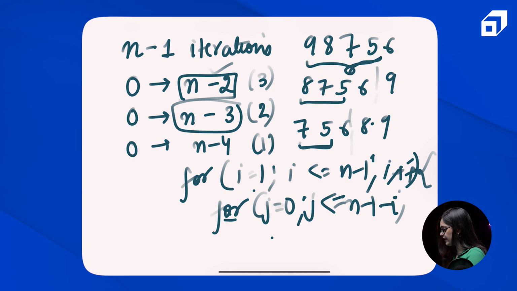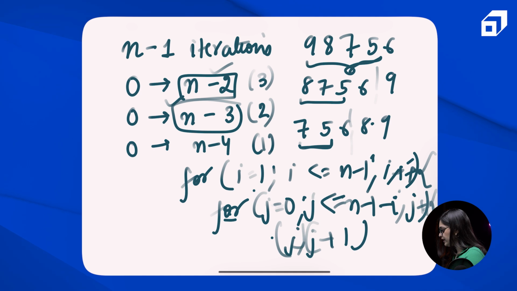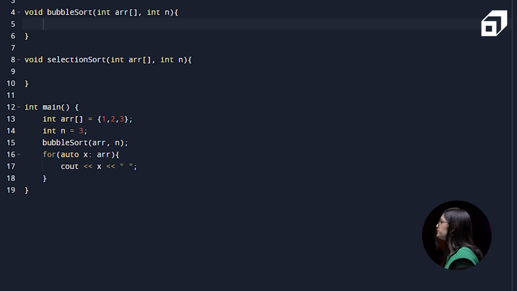For the second one, when i equals 2, j will go till n minus 3. So that way we'll have the code for this, and we'll be comparing the element at the jth index and the element at the j plus 1th index. If they're not in the right order, we'll swap them. So that's how bubble sort would work. Let's get to the code to better understand it.